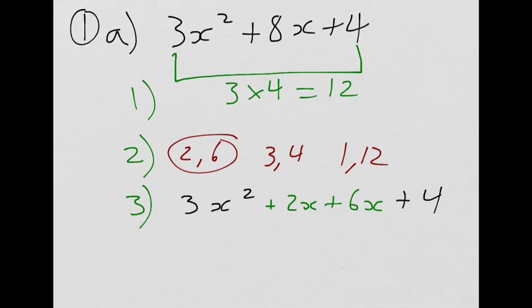And you may be wondering, why do we do that? I'll show you why in a moment. But just so you're clear on why I split it into 2 and 6, I did it based on the information I got from step 2. Follow me? I've got 2 here, 6 here, and if I add them together, I still get 8x. So this is still the same expression, just with that middle term split apart.